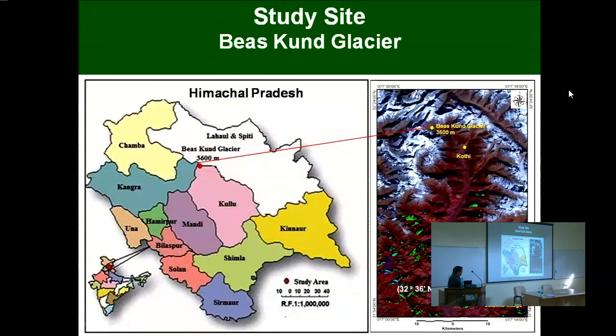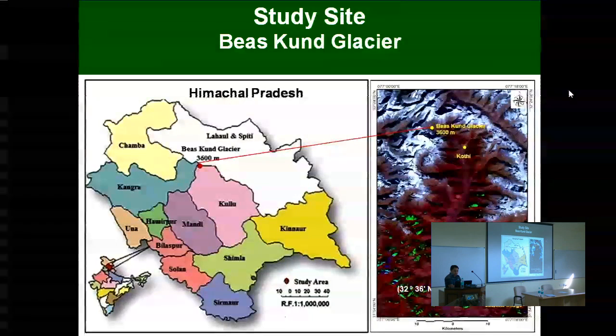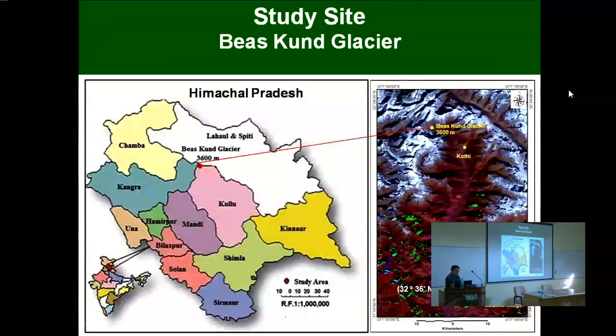This glacier is important because it feeds the river Beas, and the river Beas is the source of irrigation to Himachal Pradesh and Punjab regions. That is why we find out the aerosol status and its impact on these glaciers.